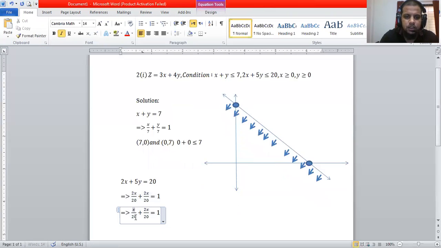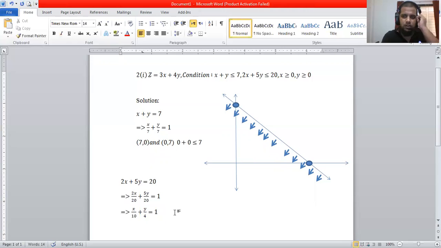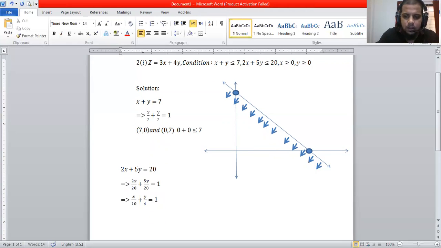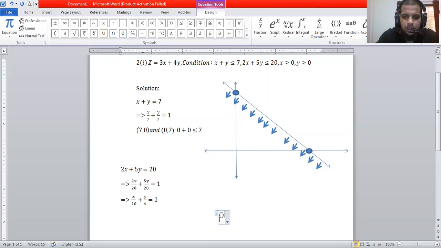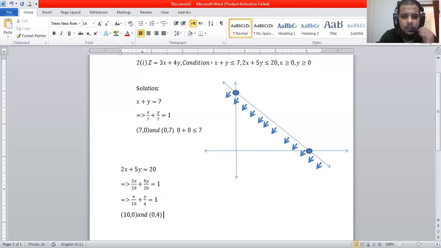It is x by 10 and y by 4. That means it passes through the points (10, 0) and (0, 4).